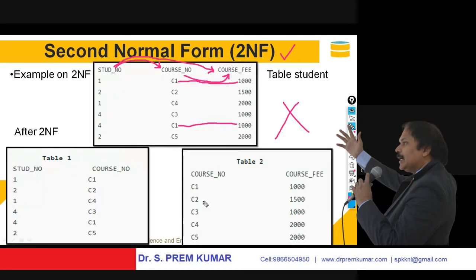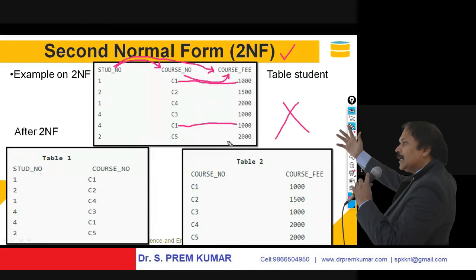Coming to these two smaller tables, in table 1, student number 1 joined course 1, student number 2 joined course 2, student number 1 joined course 4, student number 4 joined course 3 and course 1. So student number and course number are made into one table.